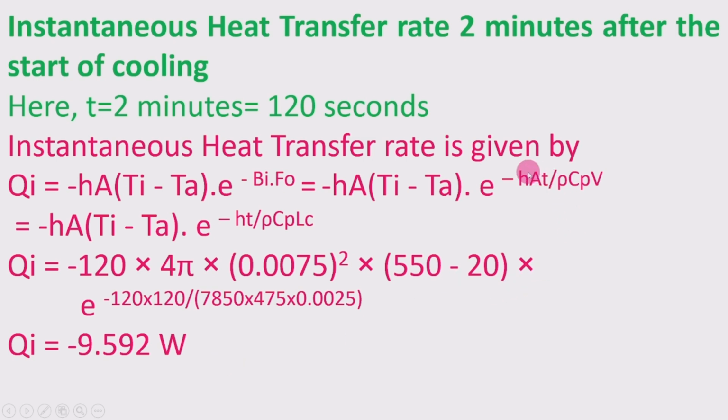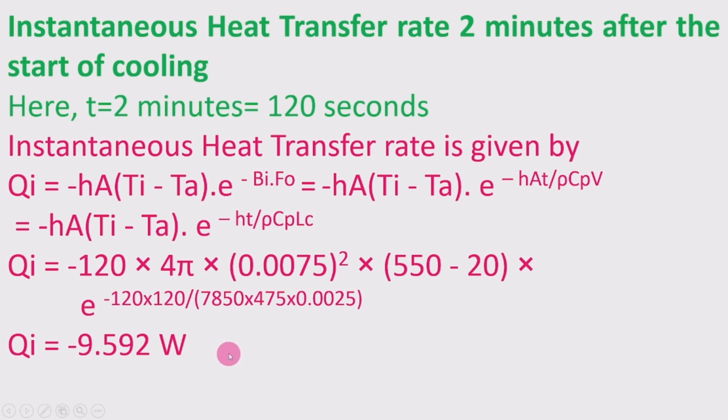By taking this term hAt by rho Cp, if you separately calculate the Biot number as hLc by k and the Fourier number as alpha t by Lc squared, then substituting those values and calculating Qi and also that time, we get a little variation. Don't bother about that.